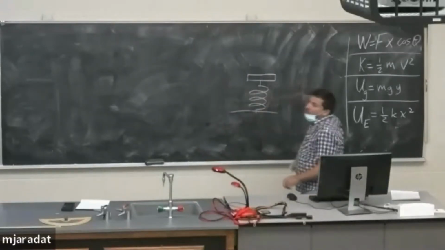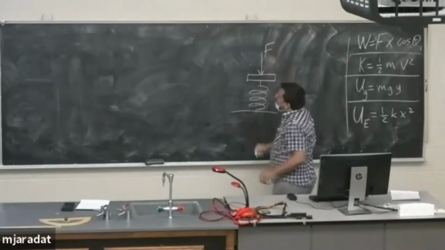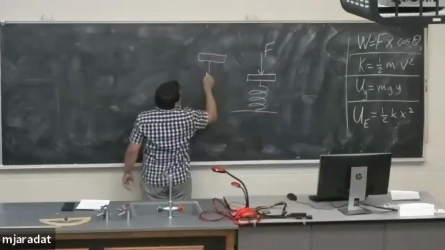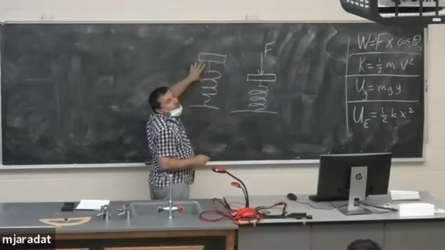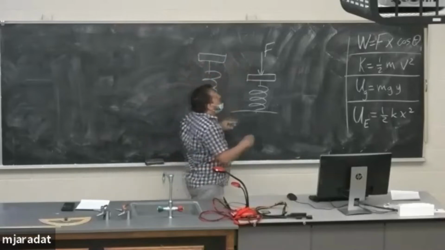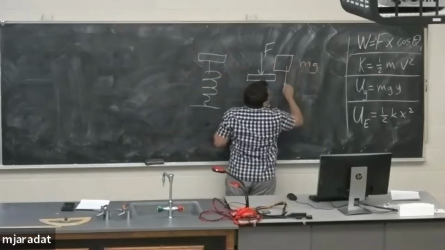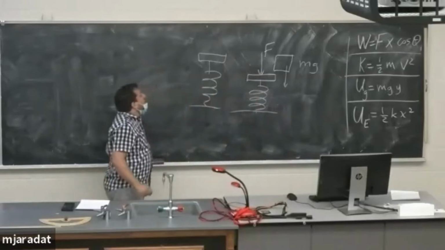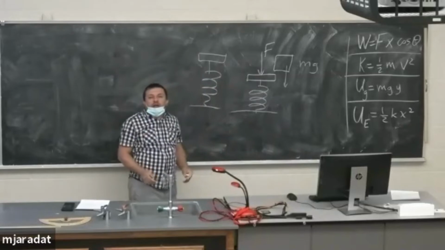When we push this spring by a force, maybe this is our initial situation for the spring without any expansion or compression. We apply a force, maybe it's a box with a weight mg downward. It will push the spring downward. If we remove this force, then the spring will expand again.